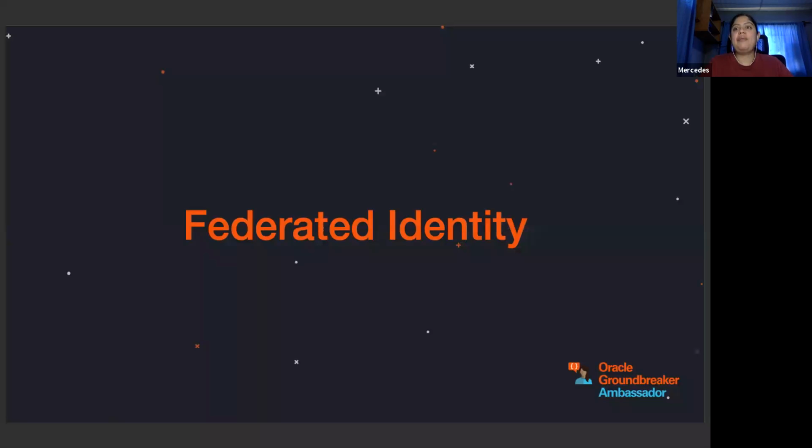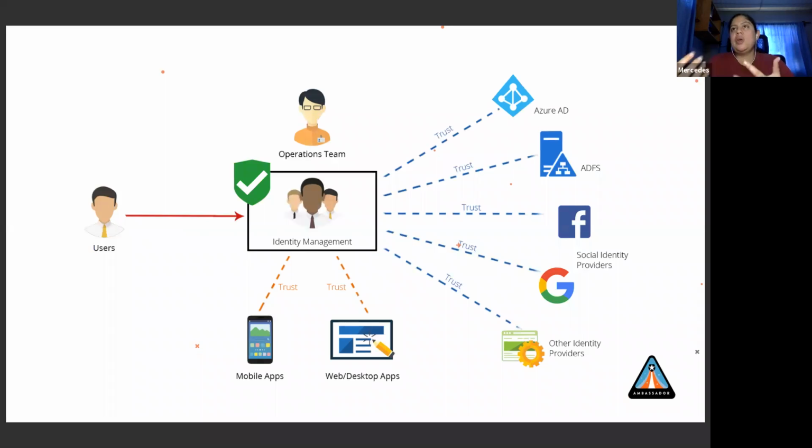Then we have federated identities. So we can skip all these things and use other ways to log in. Here in federated identities, we use, for example, the identity provider for Facebook, for Gmail, for GitHub, but there are a lot more.